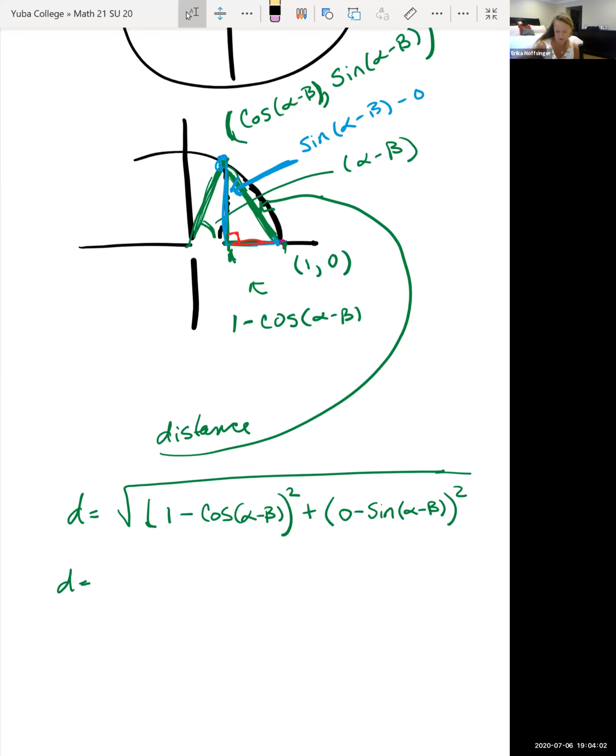Okay, if we distribute this out, sorry, it's been a little while since I proved this and I thought I remembered all the steps. If we distribute this out, we have 1 minus cosine of alpha minus beta times 1 minus cosine of alpha minus beta. I distribute that out, I get 1 minus, my two middle terms are going to be negative 2 cosine of alpha minus beta when I combine them.